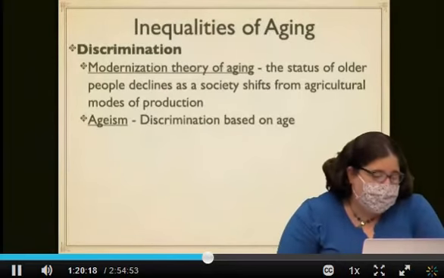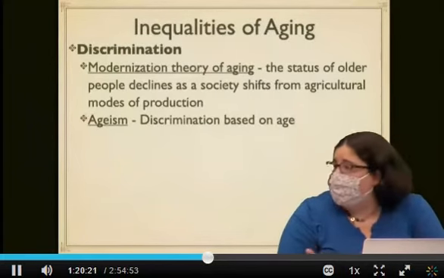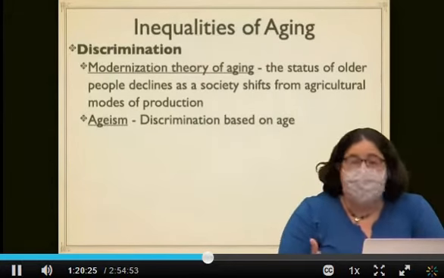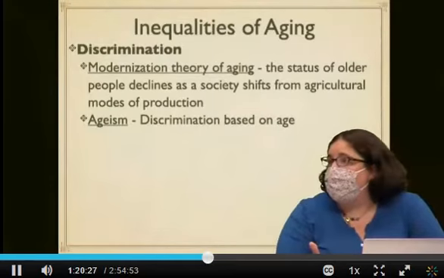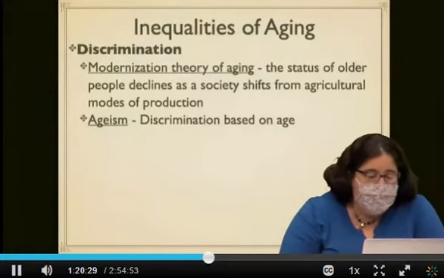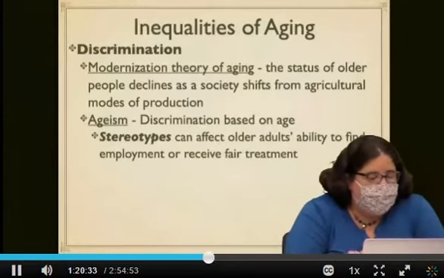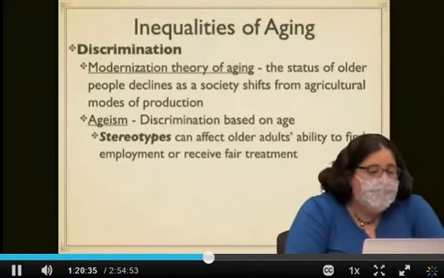Although teenagers are often discriminated against just based on their age, and certainly very young people have zero power in society, so that's a form of discrimination as well. But on the older end of the spectrum, we're facing things like stereotyping.